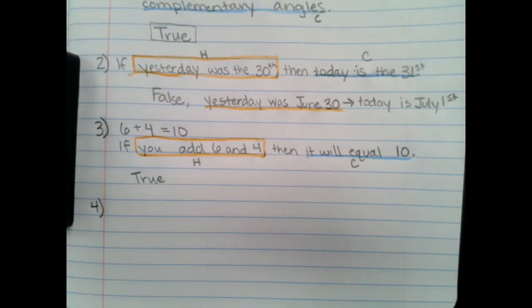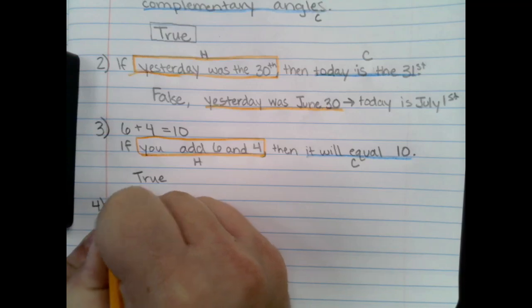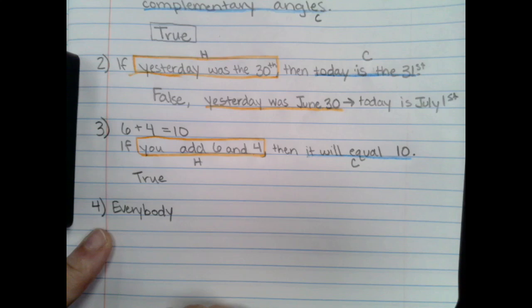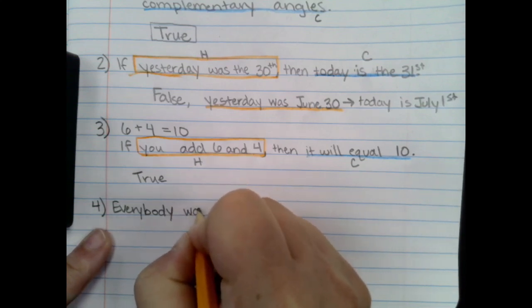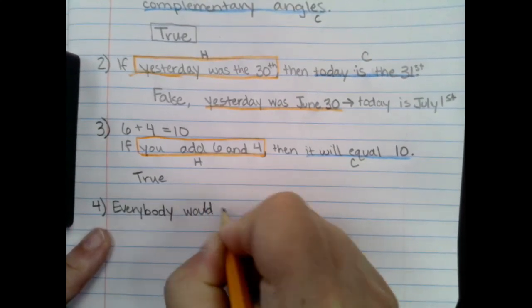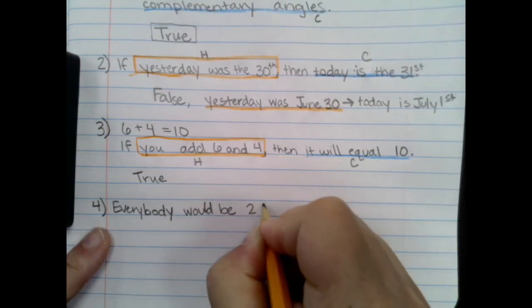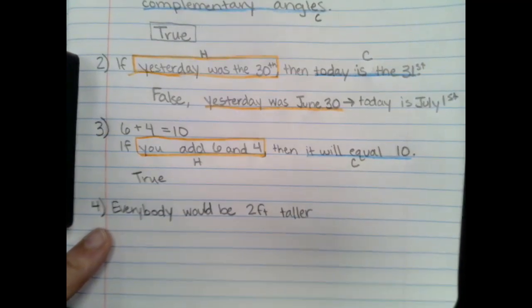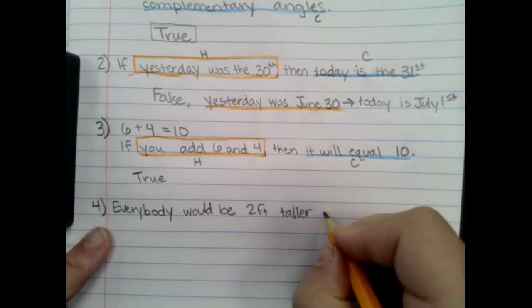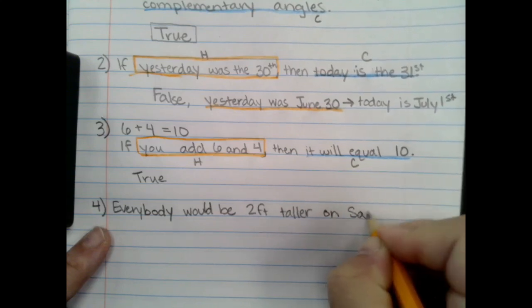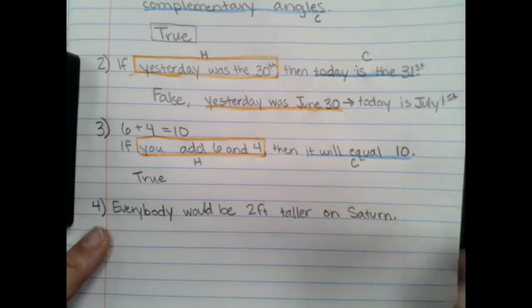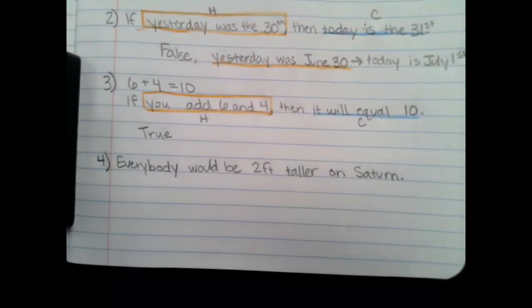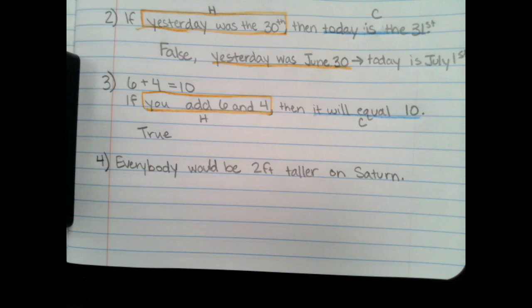All right, number 4: everybody would be 2 feet taller on Saturn.